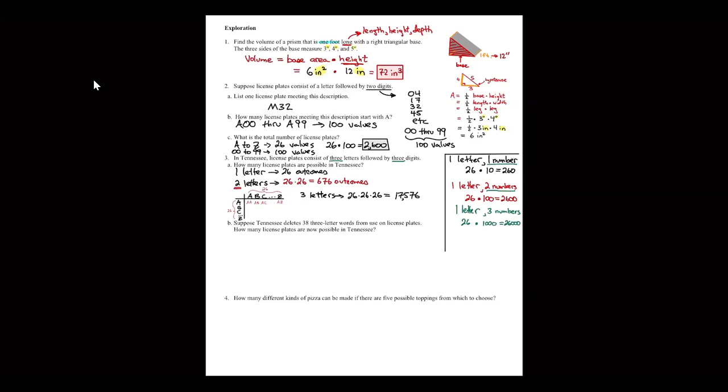We'd also have to account for 3 numbers. So 3 numbers. That was 10 times 10 times 10, and that gave us 1,000. And so we'd get to our total number of license plates here.